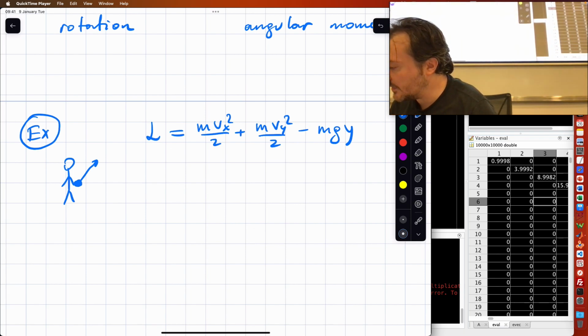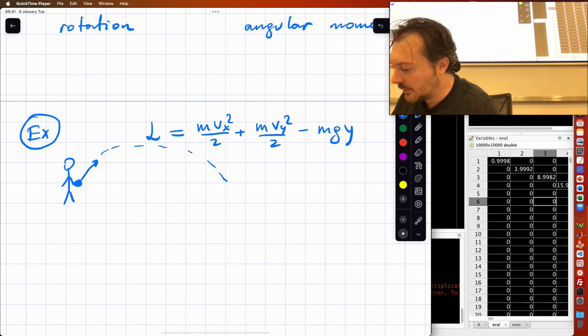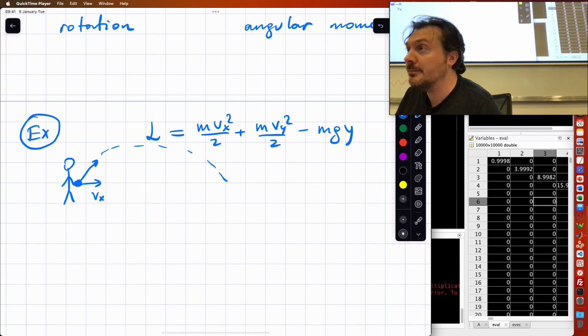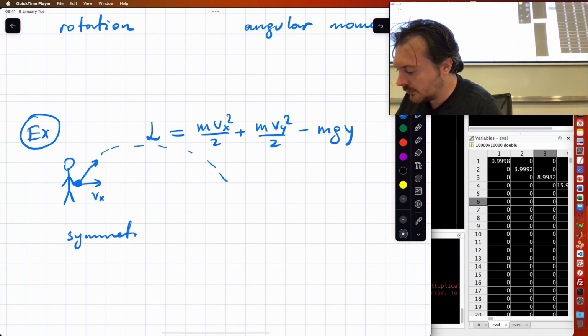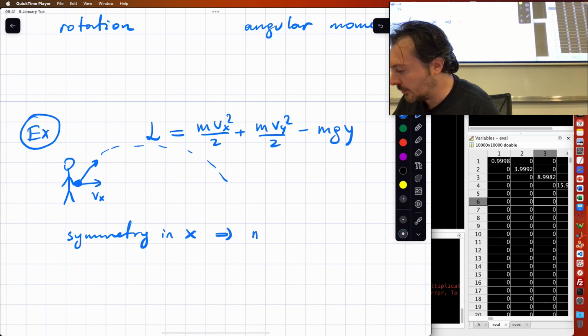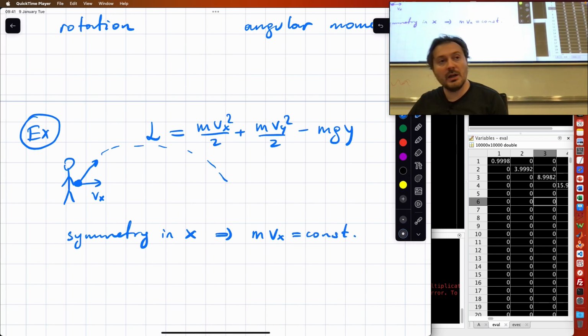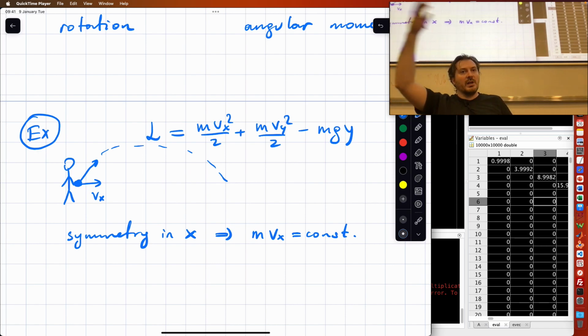What we know from this motion, by the way, is that Vx will stay the same. So symmetry in x results in mvx equals constant. While with no symmetry in y, momentum in y changes.